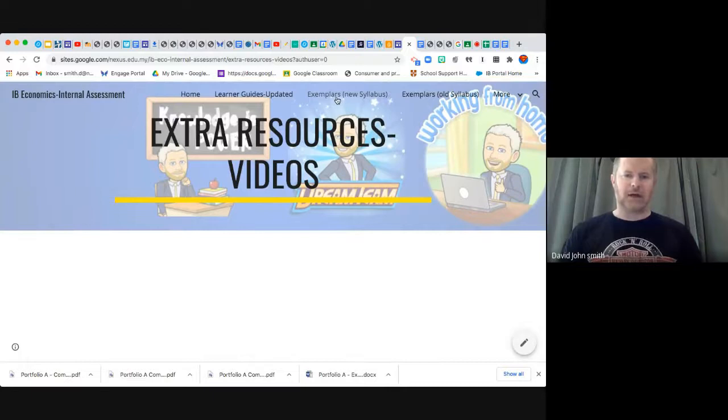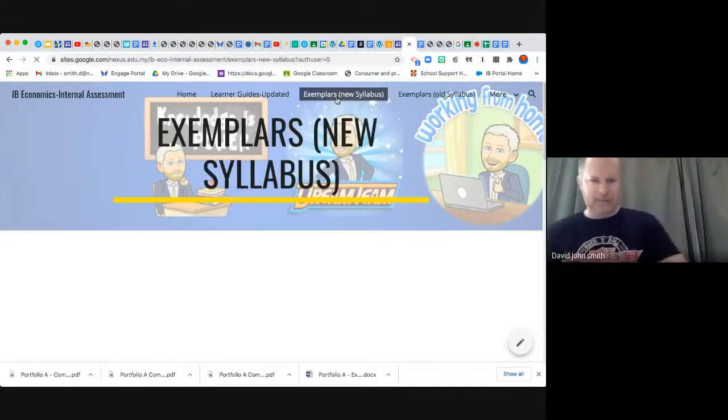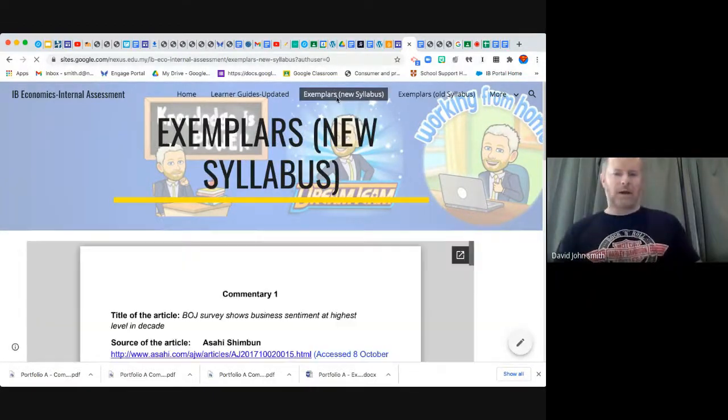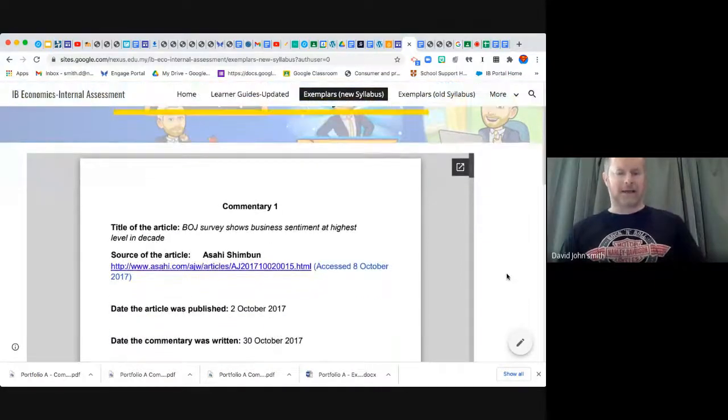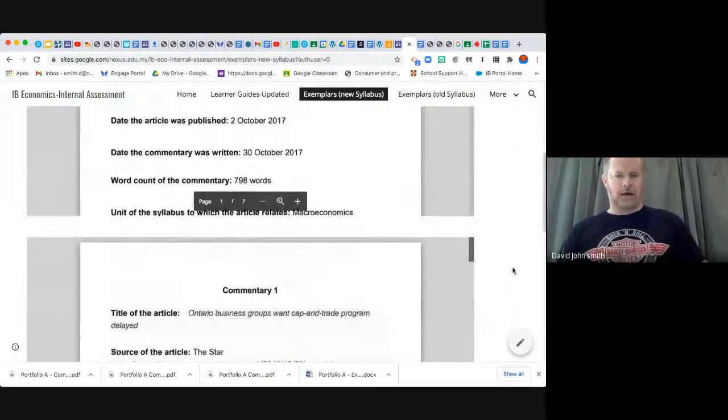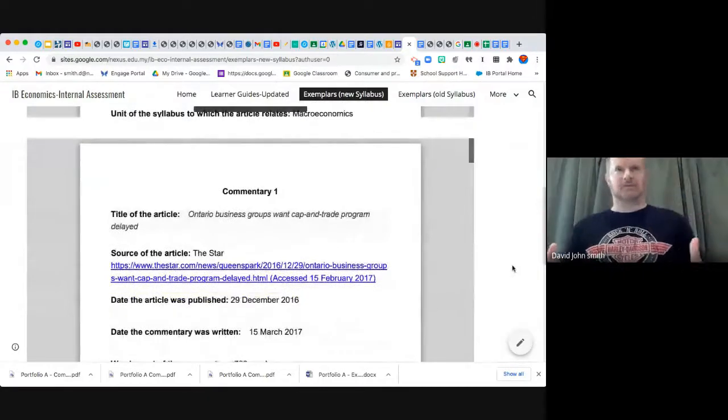I will soon. Now on the exemplars side, one of the things that I have posted into the classroom, I think this morning, is a practice marking table.